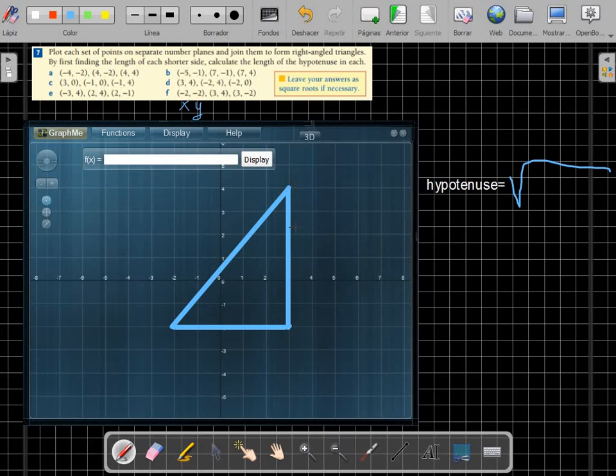Okay, here I can see 1, 2, 3, 4, 5, 6 units long. So I'm going to write 6 squared plus, how long is the other leg? 1, 2, 3, 4, 5. 5 units long.